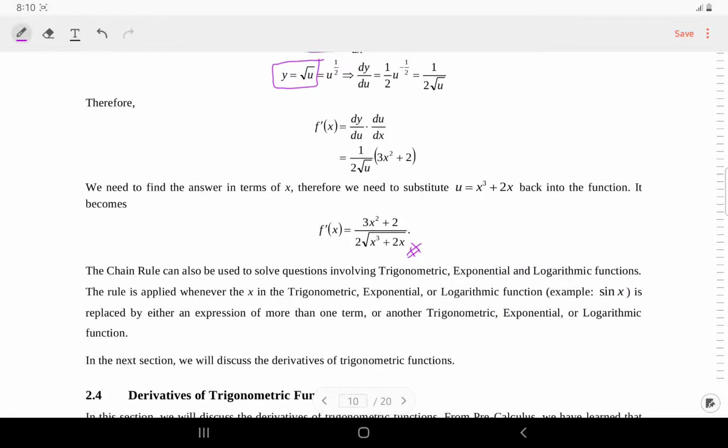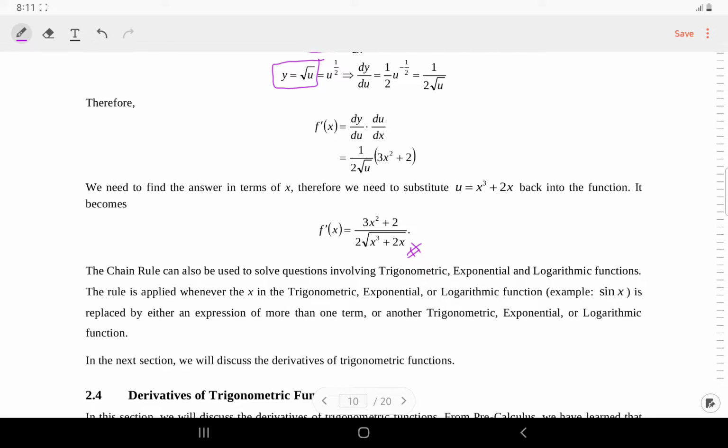Okay, so chain rule can also be used to solve questions involving trigo, exponent, and log function. Okay, so in the next subtopic, we'll look into how to apply chain rule to functions that got trigo, exponent, and log in that function.